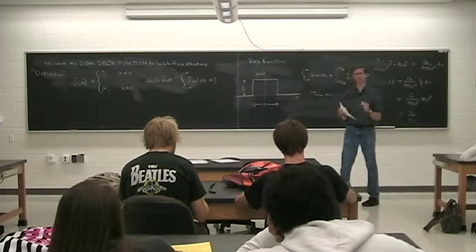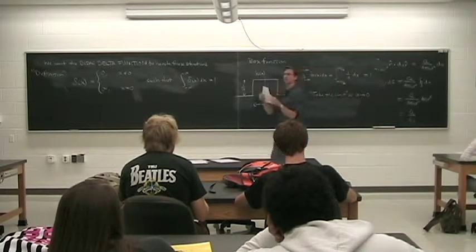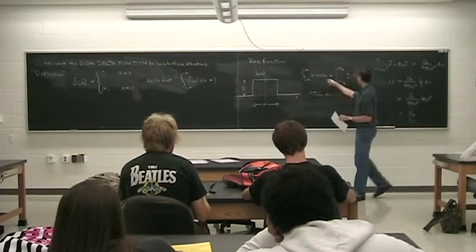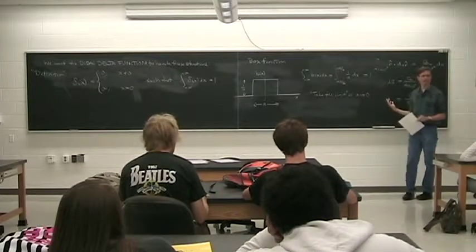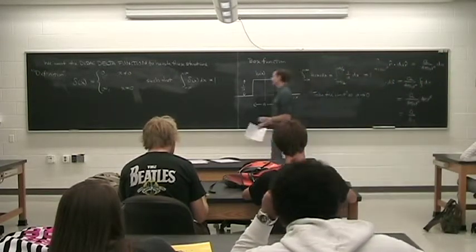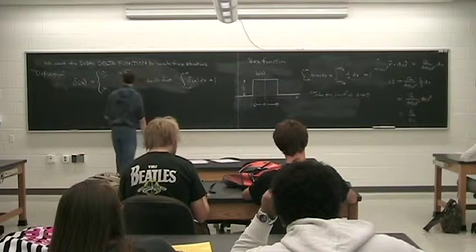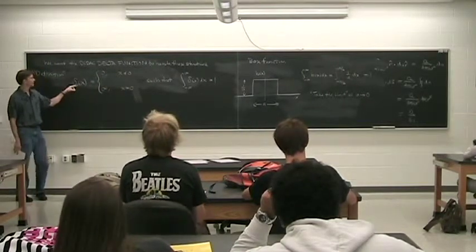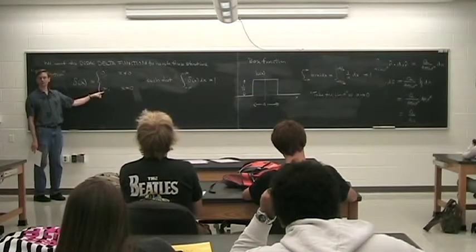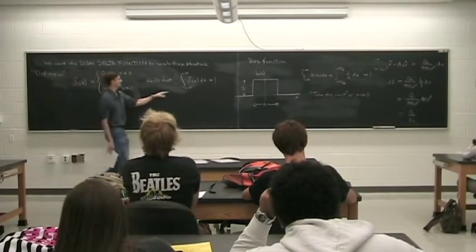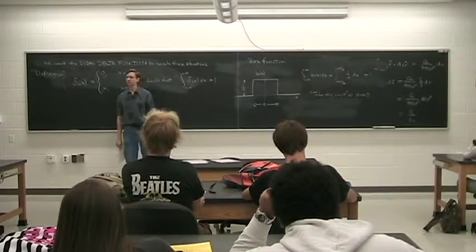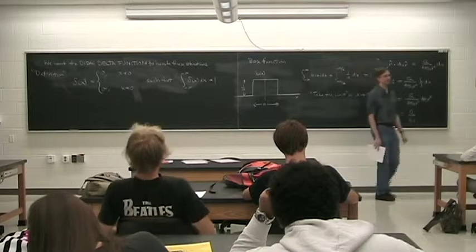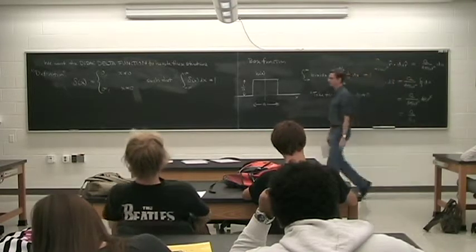So in the limit as a goes to 0, you get an infinitely narrow box, which is infinitely tall, and every box along the way had an area of 1. And so in that limit of sorts, we've created something that has the properties of the delta function. Namely, it's 0 everywhere except right at the origin, where it blows up to infinity, and the integral of it is equal to 1. So you can think of the delta function as being a sort of limit of a sequence of box functions.